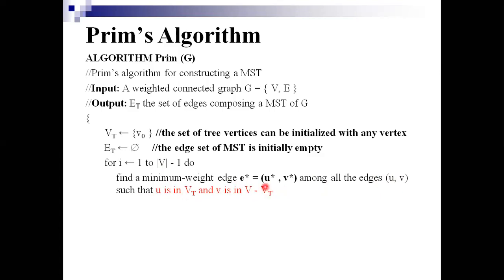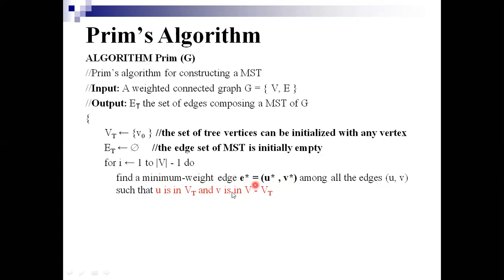The basic logic here is I have to select an edge such that U is a vertex in the spanning tree and V is a vertex which is not in the spanning tree. Select all those edges. Out of these edges, you should select the minimum weight edge, and I name it E star equal to U star comma V star.